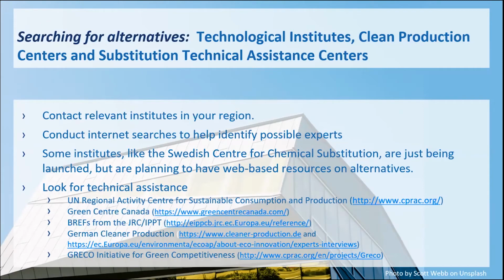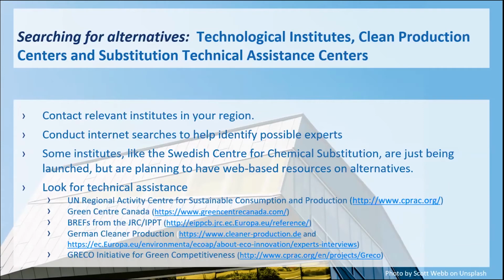Examples may include organizations like the Joint Research Center on Circular Economy and Industrial Leadership, which, among other things, provides information on best available techniques to reduce industrial emissions, including information on substitutions implemented. The UN Regional Activity Center for Sustainable Consumption and Production, which is a Mediterranean-based initiative that focuses on building capacity in a number of related topics.